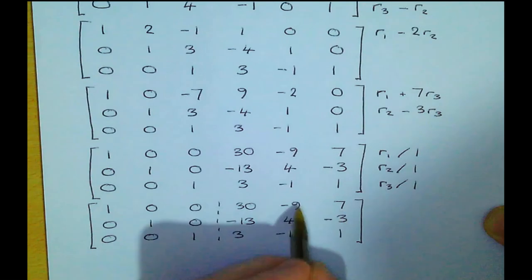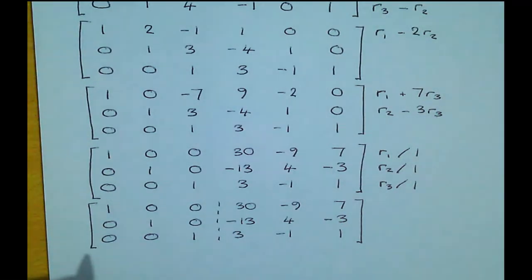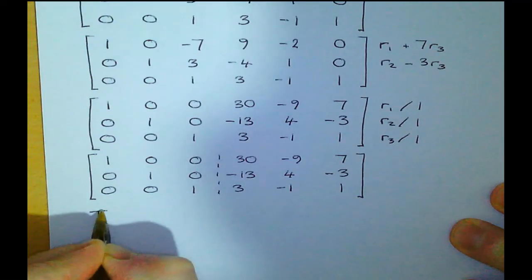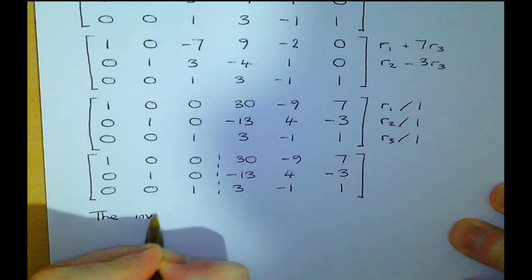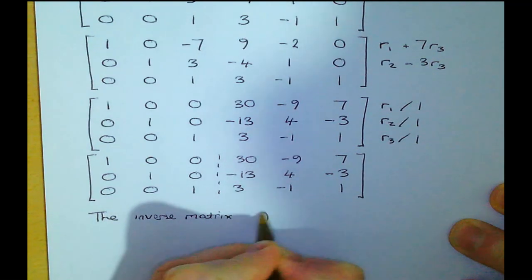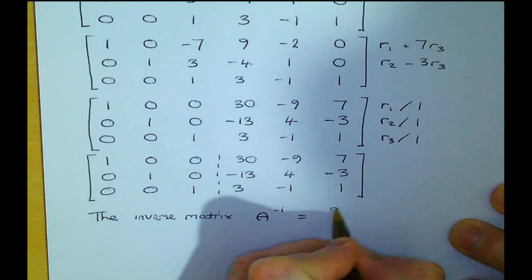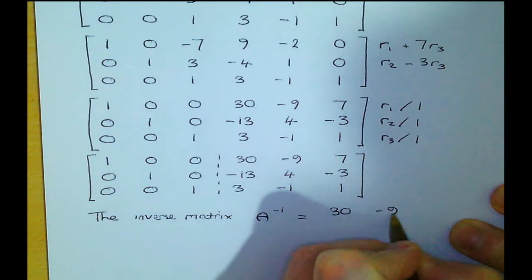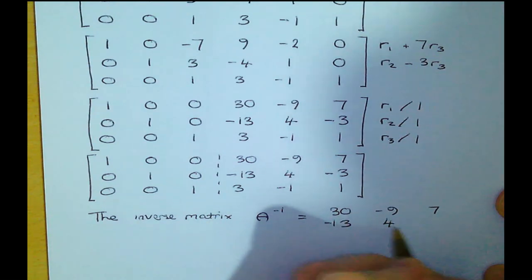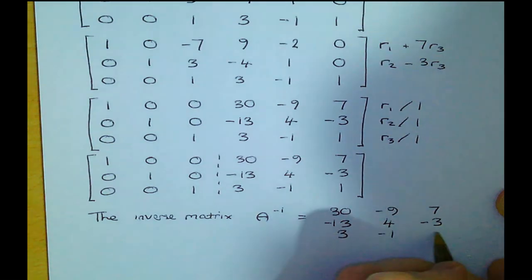What we have on the right is the inverse matrix. So we can now say that the inverse matrix A inverse will be what we have on the right here, 30, minus 9, 7, minus 13, 4, minus 3, 3, minus 1, 1.